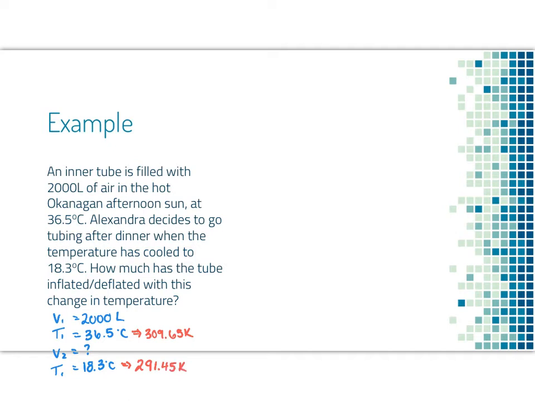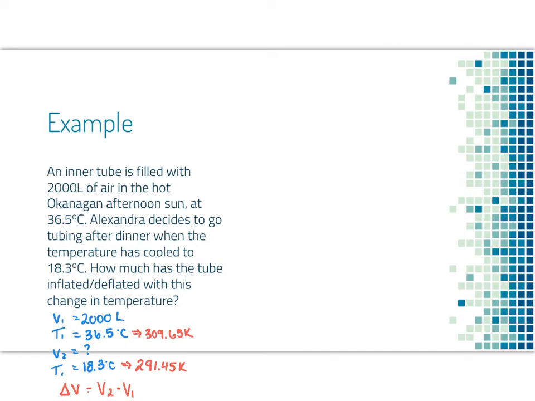So, we're going to look for V2, but we weren't actually asked for what is the final volume. We are asked by how much has the tube inflated or deflated. So we're looking for the change in volume. Okay. So we're going to solve for V2, and then we're going to look at what the V2 minus V1 value would be.